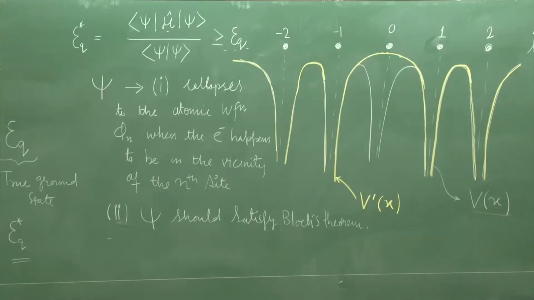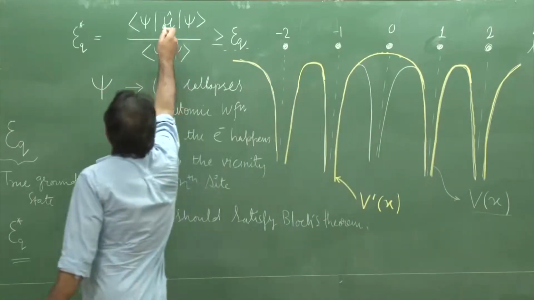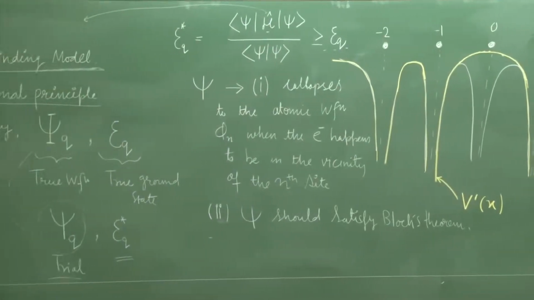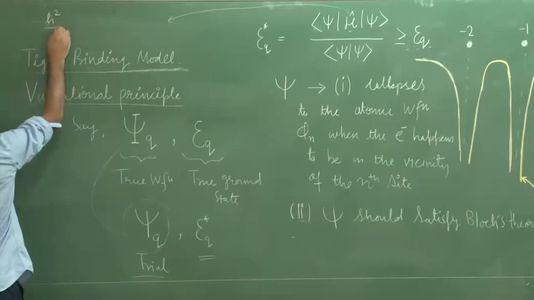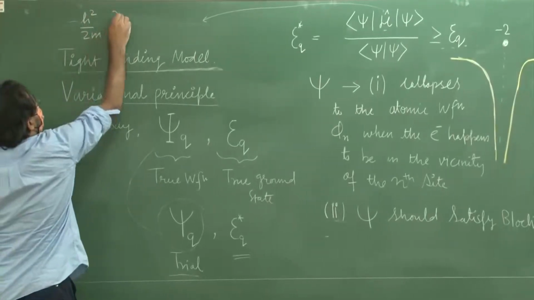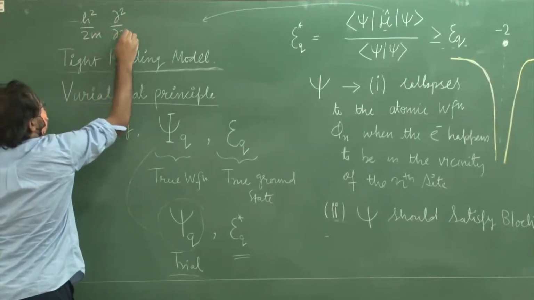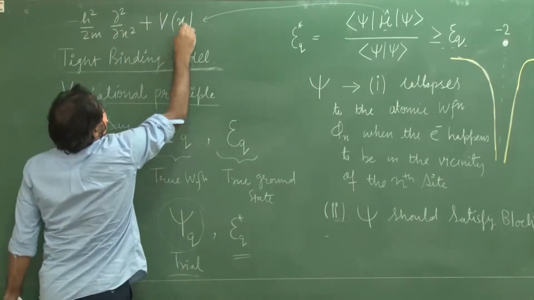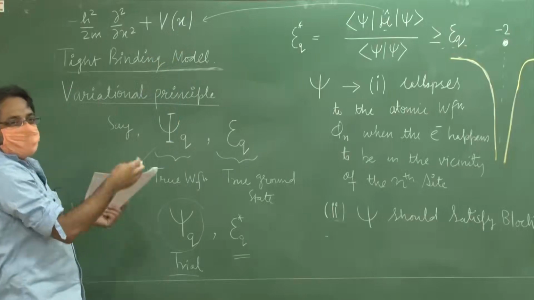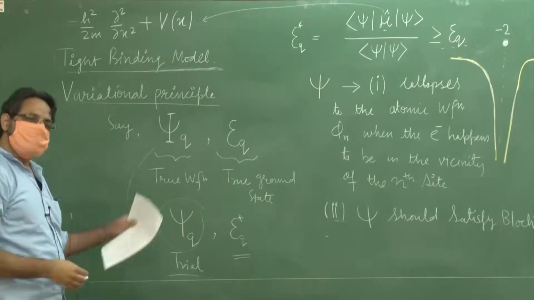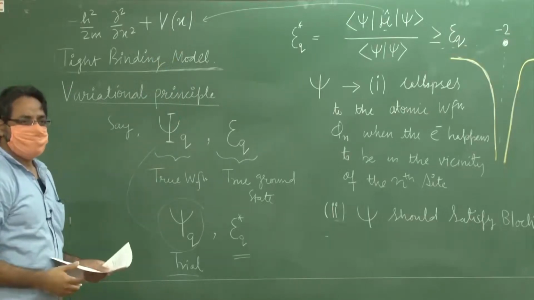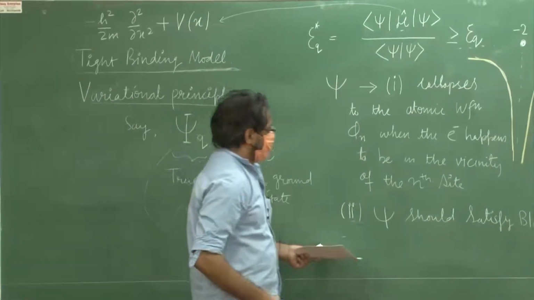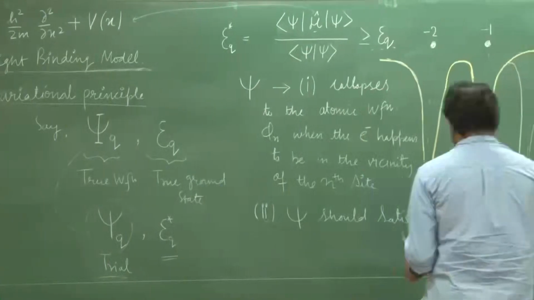Right now, in this Hamiltonian it is still minus h bar square by 2m del 2 del x square plus vx. We just wrote vx as little vx plus v prime x, because later on we will be using that. Sorry, I should have mentioned that, but you are right.